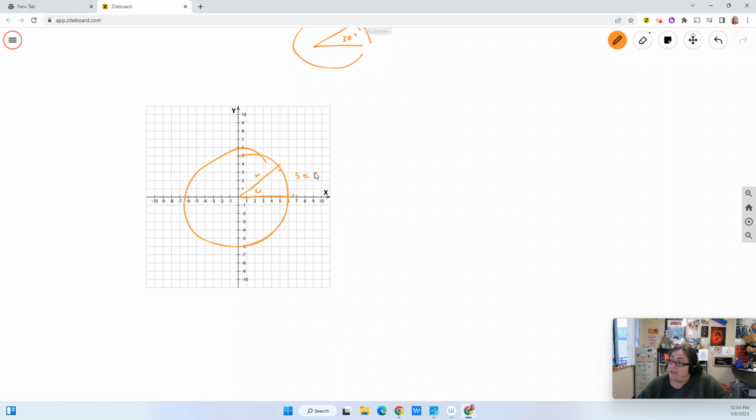And they're saying that it is equal to the length of the radius.